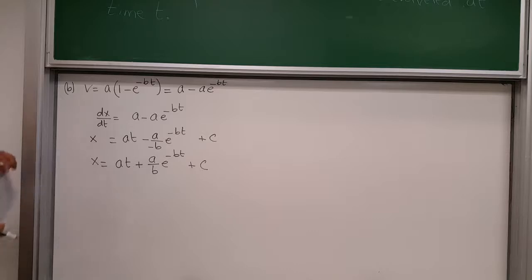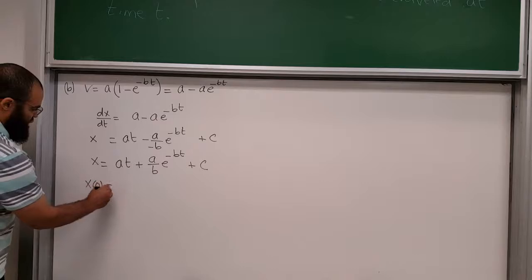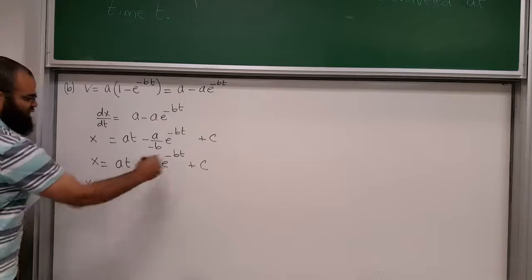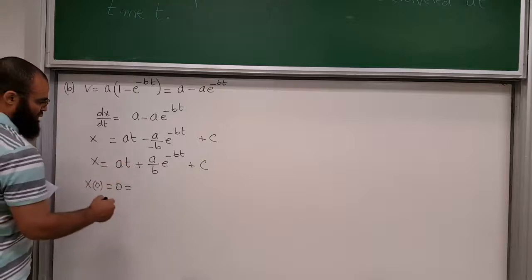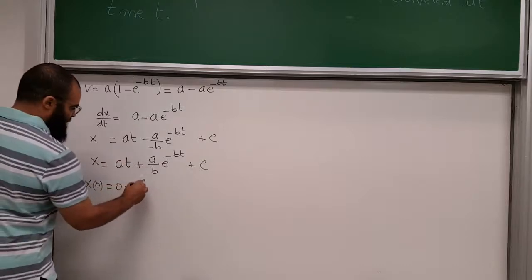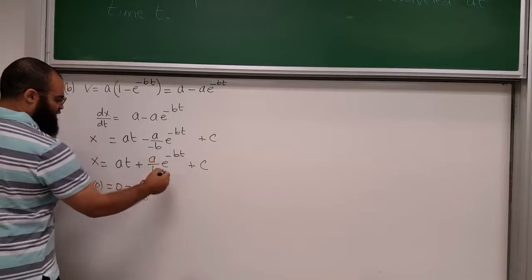How am I going to determine that constant? Well, I know that at time t equal to 0, x was 0. So x at 0 should give me 0. Let's substitute 0 here. Well, a times 0 will give me 0. And then I have here a over b. And then e to the minus b times 0, that's e to the 0, which is 1.